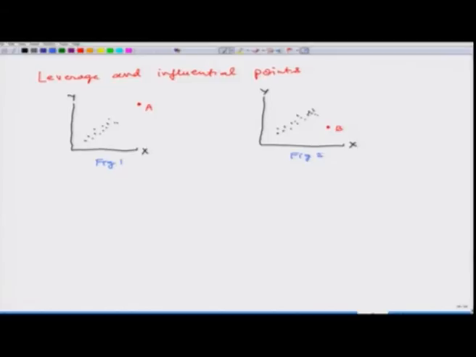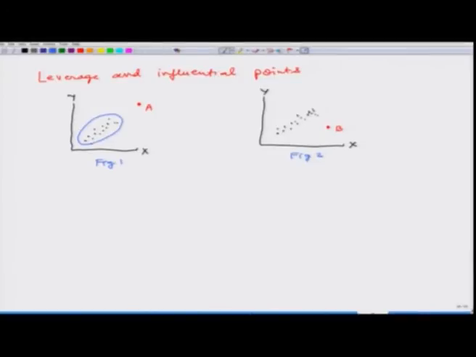In figure number 1 there is a point A which is lying quite far away from the remaining points. Most of the sample observations are scattered somewhere here, and this point is lying quite far away.